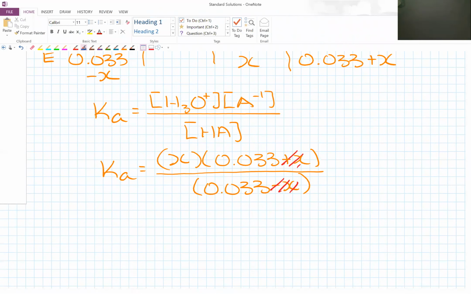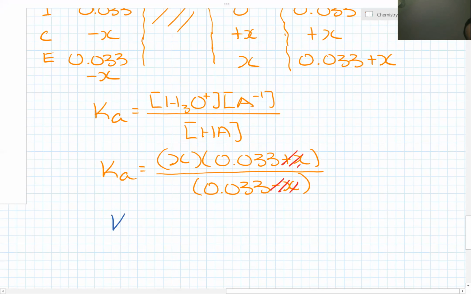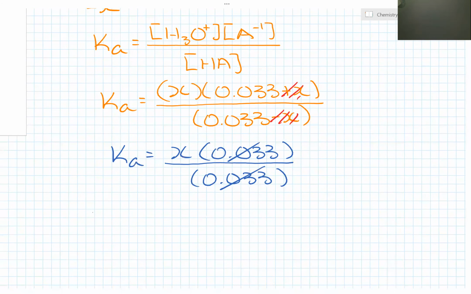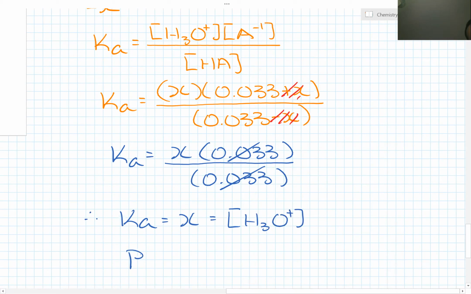So Ka is equal to x times 0.033 over 0.033. These can cancel out. Therefore, Ka is equal to x, which is H3O plus. So pKa is equal to pH. That's the proof. Okay?